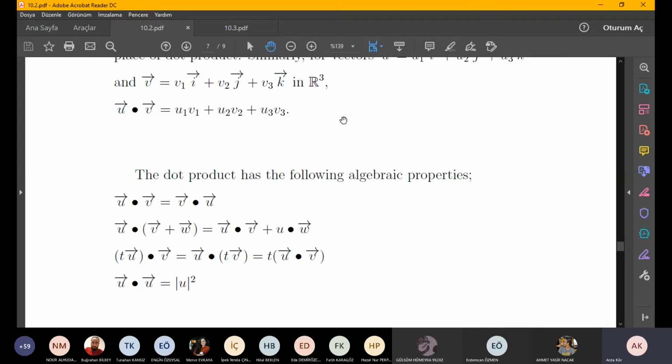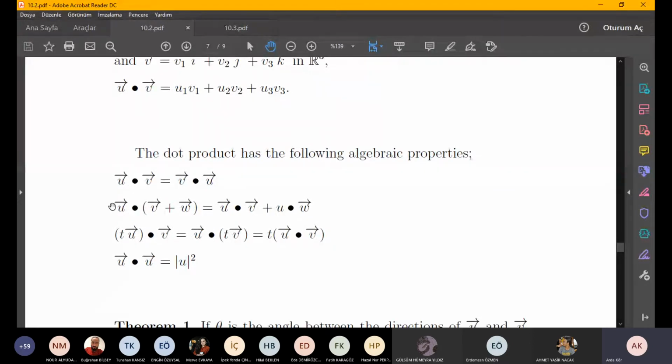That means u dot v is equal to v dot u. So the dot product is commutative. u dot (v plus w), where this is vector addition, is equal to u dot v plus u dot w.